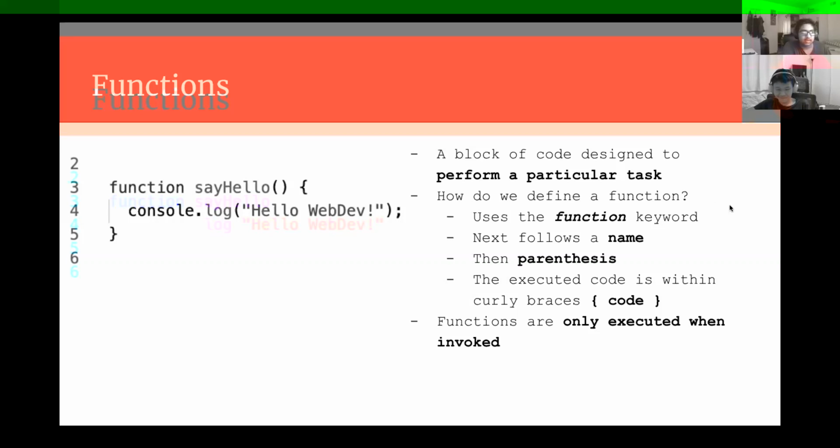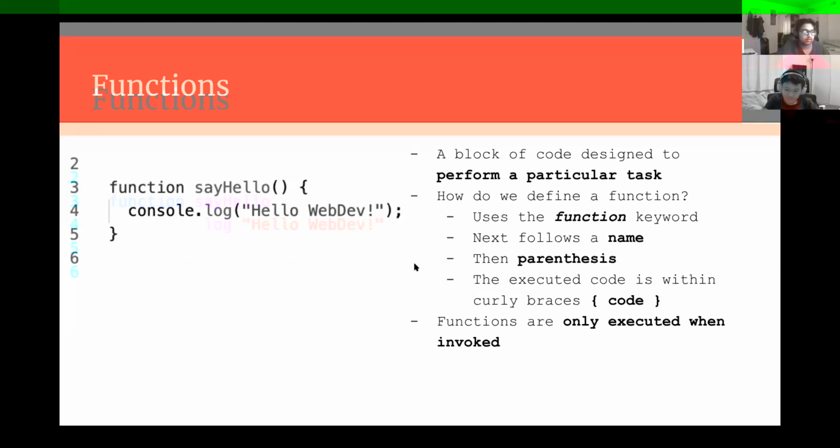That makes it extremely useful if we want to do some complex calculations. Instead of writing it every time, we can make our code dynamic by using functions and taking in values in order to do those calculations many times.